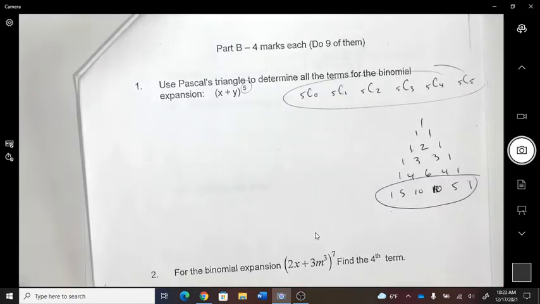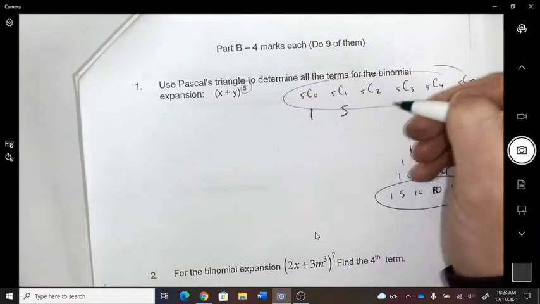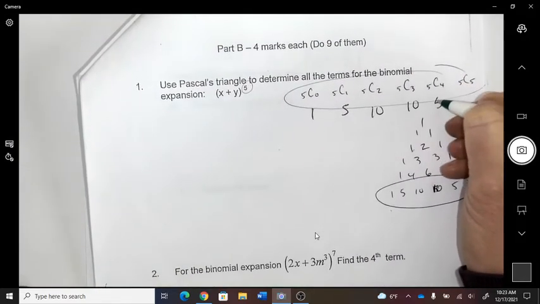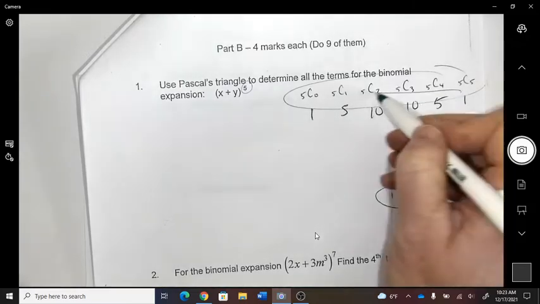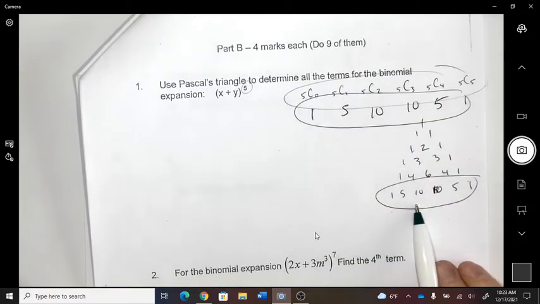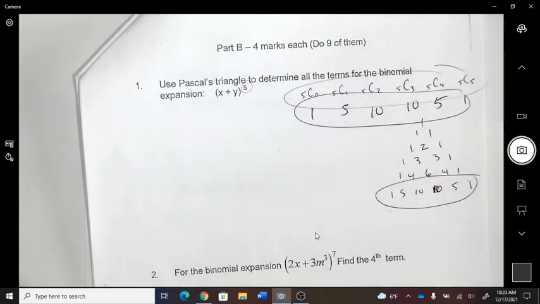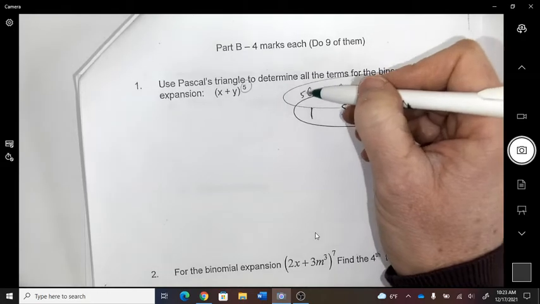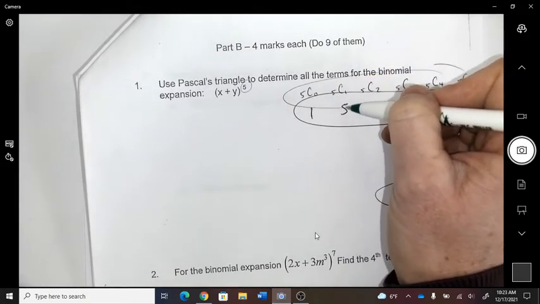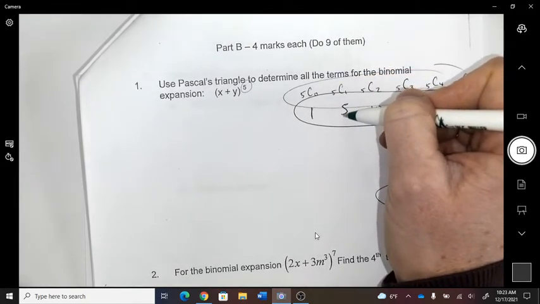Whatever method you wanted to do, they would both give you the same, so you could go to the triangle to get that, or you could go 5 chooses. If you went 5 choose 1, you would have to tell me that that's 5.